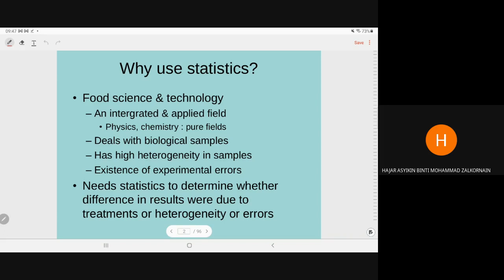So for example, when we want to measure the moisture content of bananas, what we do is we take a few bananas, slice them, put them in a dish, weigh the dish, and then put it in the oven overnight.